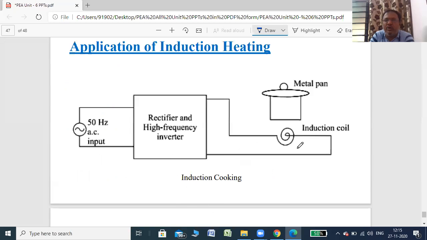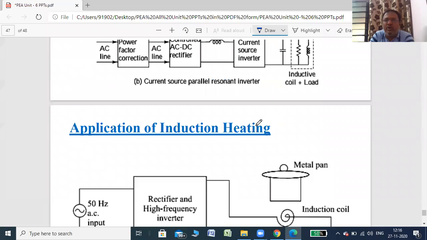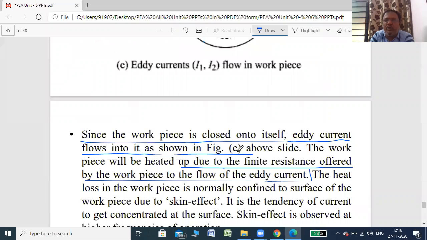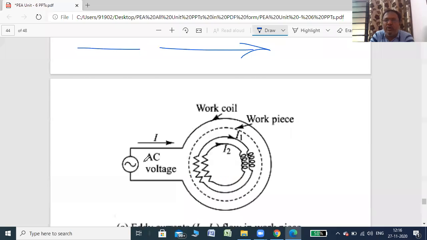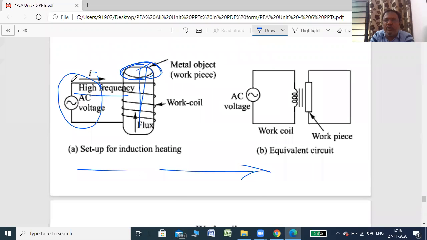So a rectifier and high frequency inverter, this induction coil, right? And this is practically the metal pan that we have placed there. So automatically this metal pan gets heated, okay, and you can adjust the heating of this metal pan by controlling the frequency, right?